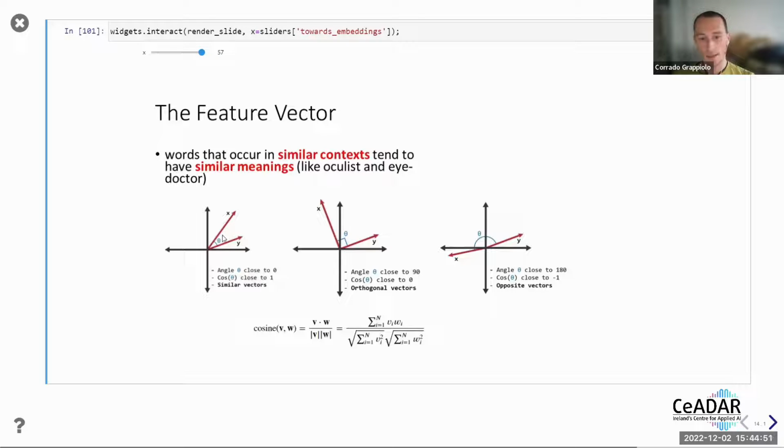When the angle is close to 0, the cosine is close to 1, and we talk about very similar vectors. On the other hand, when the angle is close to 90, we talk about orthogonal vectors. And we have opposite vectors when the angle is 180 and cosine is -1. So cosine similarity ranges between -1 and 1.